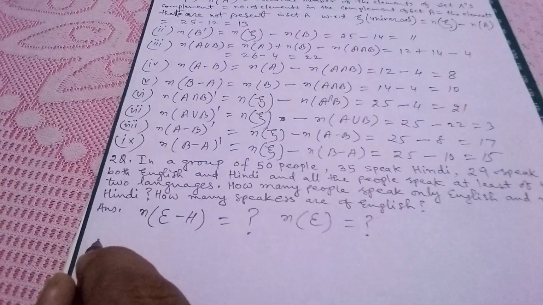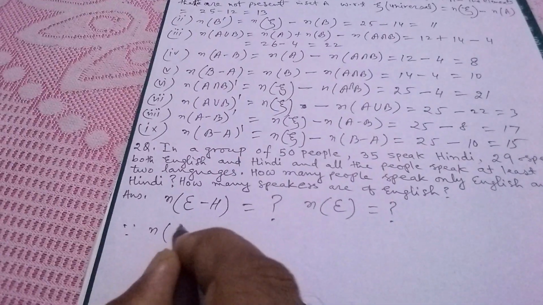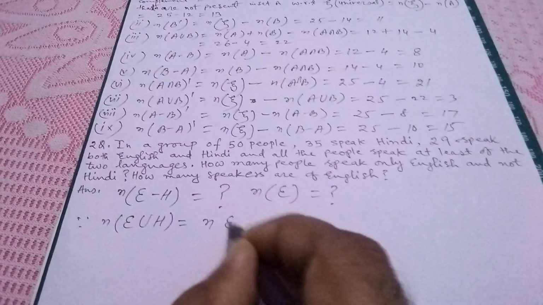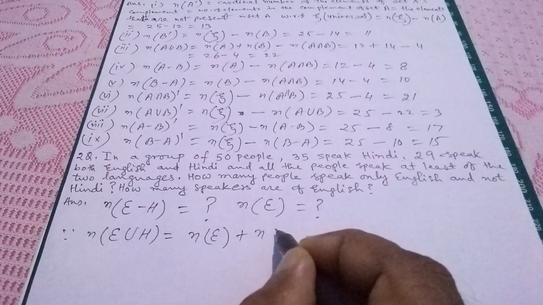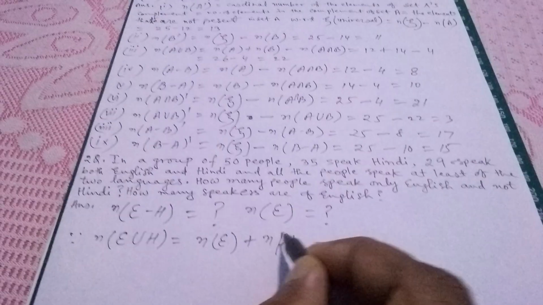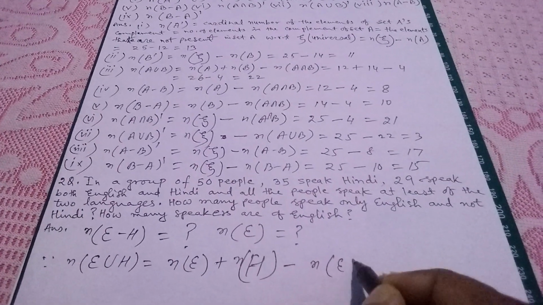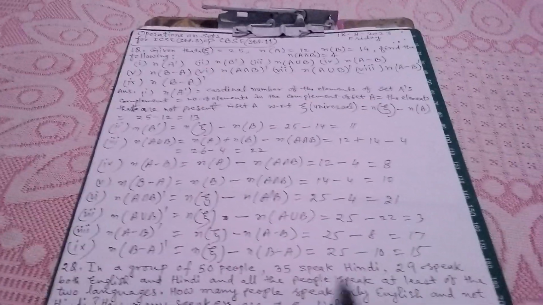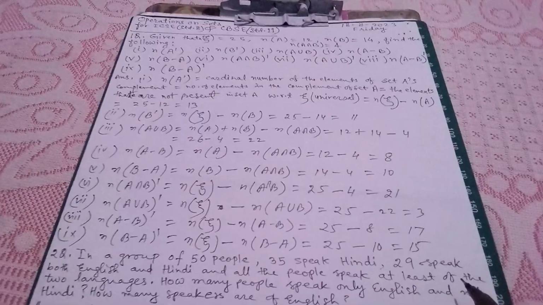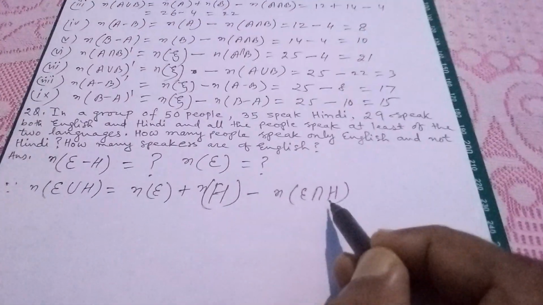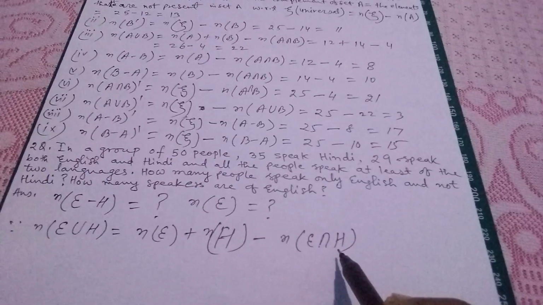First of all, you know that the cardinal number of E union H equals the cardinal number of E plus the cardinal number of H minus the cardinal number of E intersection H. Here, E stands for English speakers, H stands for Hindi speakers, and E intersection H stands for speakers of both languages.